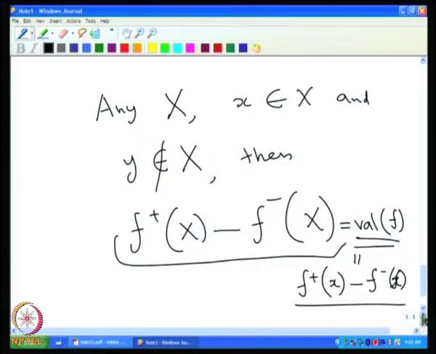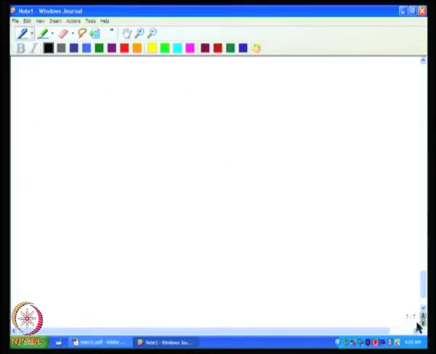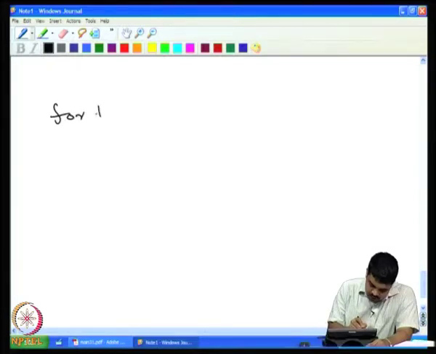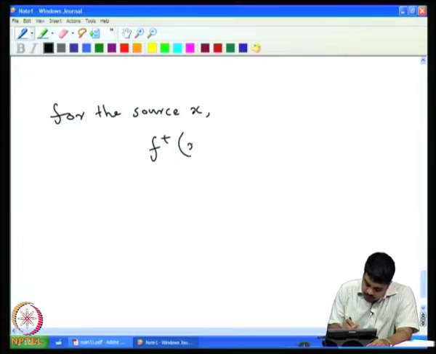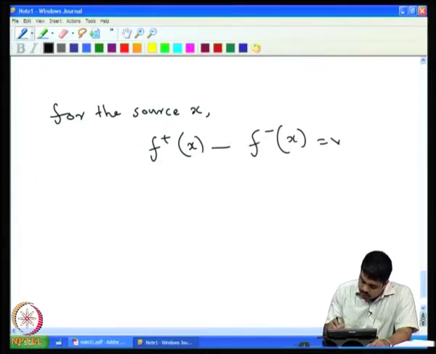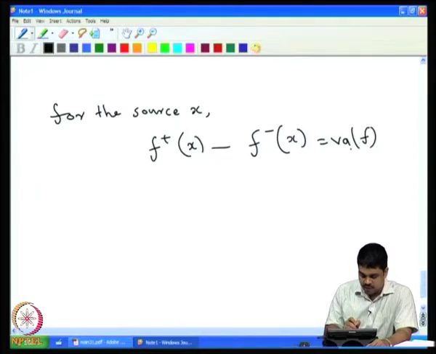But why is this true? That is because, if you take x and write down for the source x, we have f plus of x minus f minus of x equal to value of f. This is by definition of the value of f.